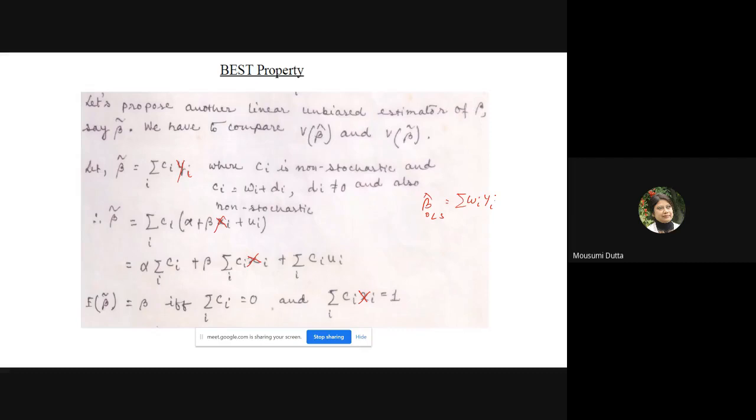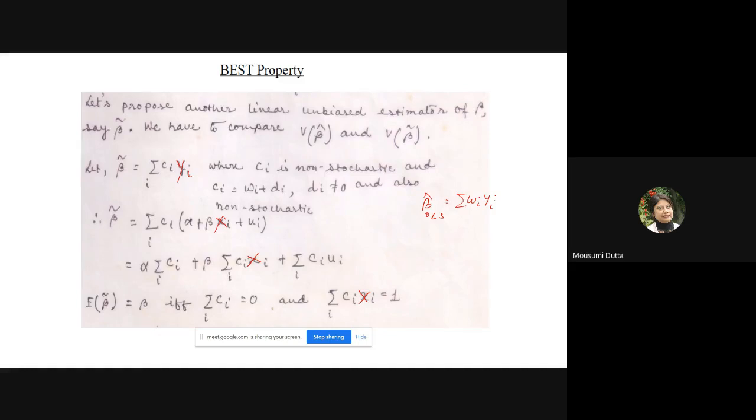So I need to bring UI, the random error term, into the context, because all the classical assumptions, as you know, center around the random error term UI. So beta tilde can be presented as alpha summation CI plus beta summation CI XI plus summation CI UI. I'm just splitting the sum into the three elements.